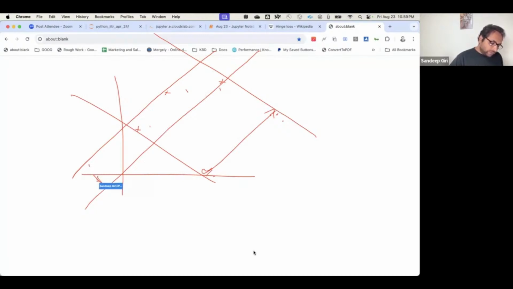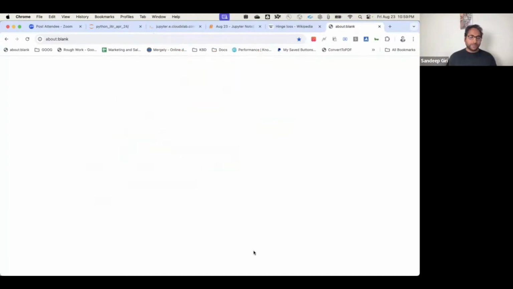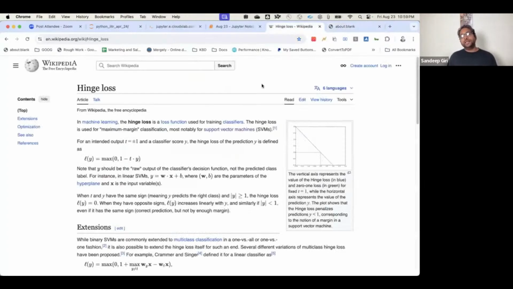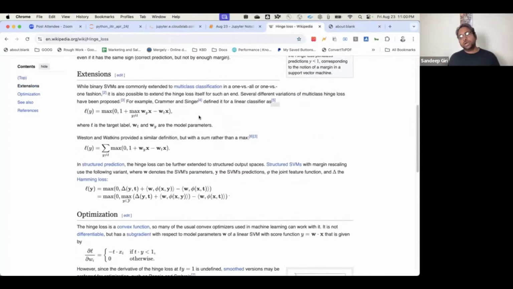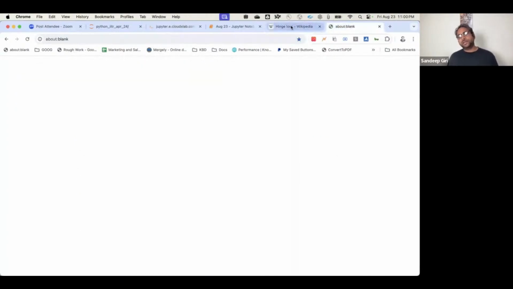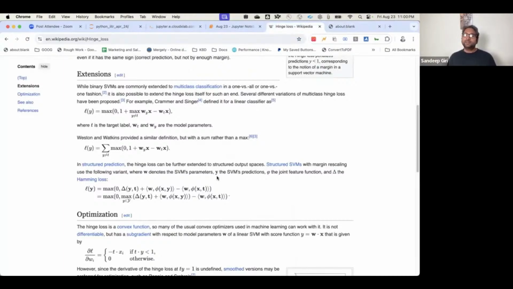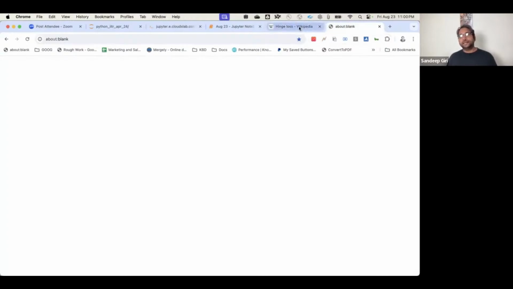And therefore, people found that this hinge loss works better than the normal mean squared error. That's what people realized after looking at many cases. So you will be using the hinge loss in many situations, but underneath, most likely you will be using gradient descent.